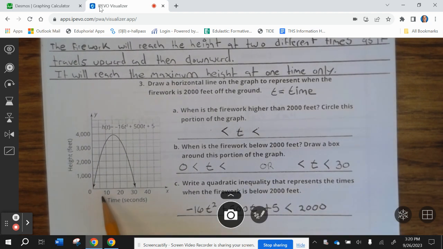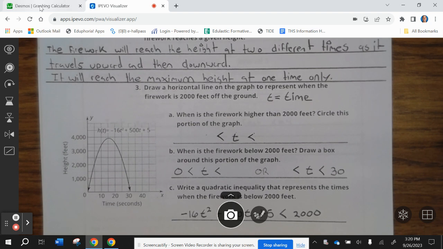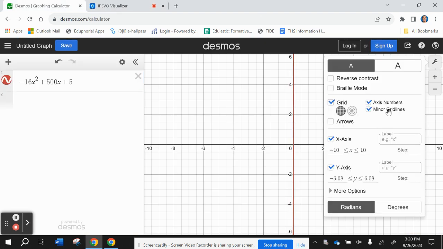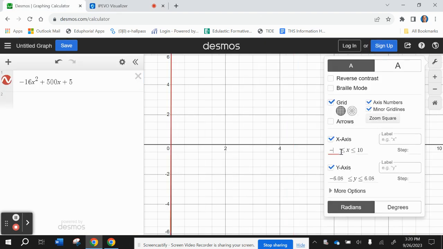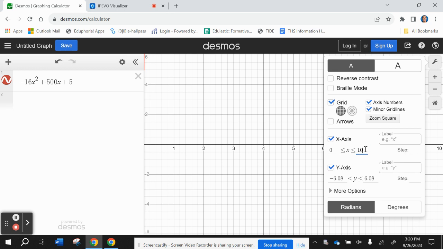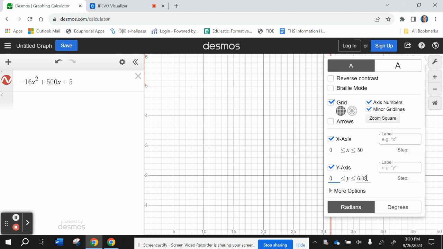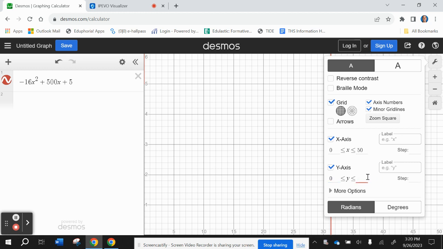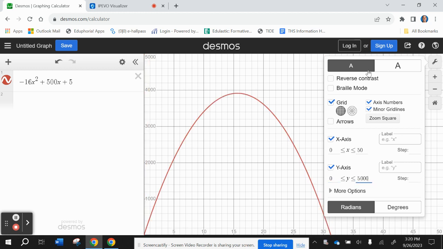We need to go from 0 to 50 and 0 to 5,000. So I'm going to change our x-axis to 0 to 50, and our y-axis to go from 0 to 5,000. Now we have our graph.